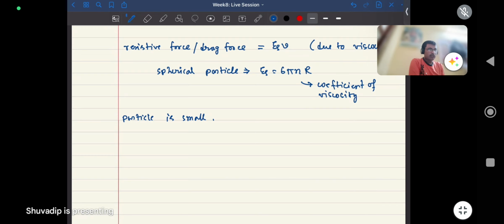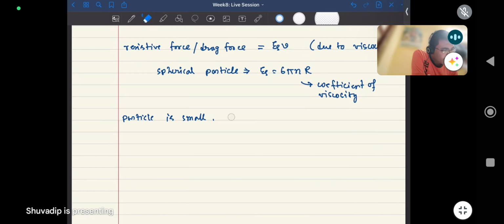Due to that thermal energy, because it is not absolute zero temperature, there will be small vibrations in the medium particles, and due to that, they will randomly hit the particle we are considering. It will hit the particle from random directions and give some random kicks. So there will be a random force acting on the particle due to the thermal fluctuation of the medium.